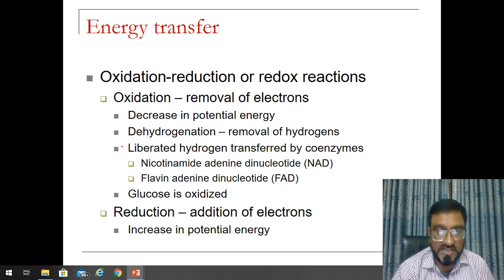We talked about NAD, FAD, FMN, and the glucose is oxidized. All of that is the result of the oxidation process. Simply we can call them degradation reactions, catabolic types of reactions. Against that, the reduction process is the addition of electrons, increase in potential energy. So you may reverse all of that in the reduction process.